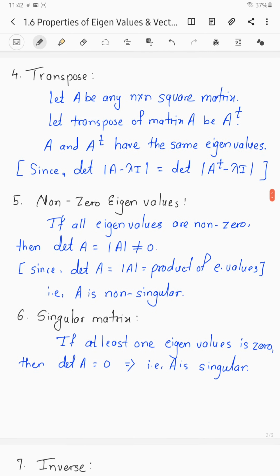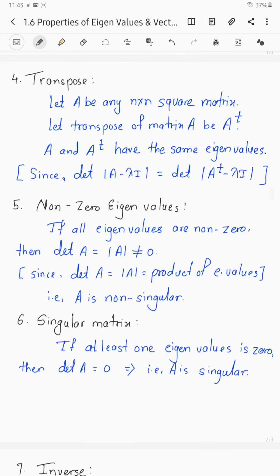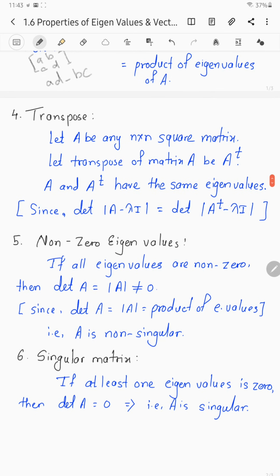Let A be any n by n square matrix, and let the transpose of matrix A be A transpose. We all know what a transpose is. If 1, 2, 3, 4 is matrix A, then its transpose is obtained by interchanging rows and columns.